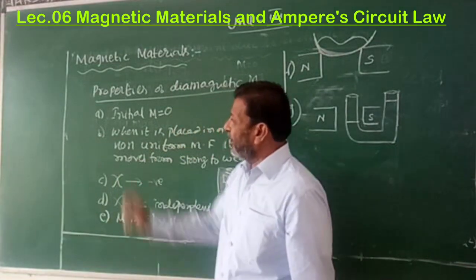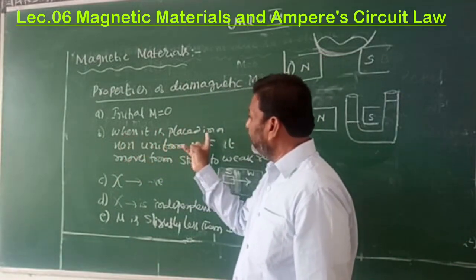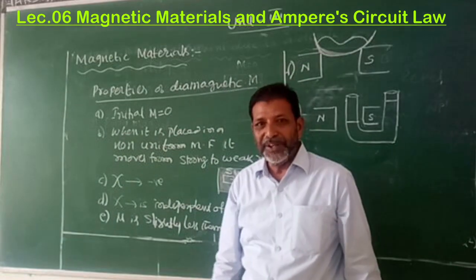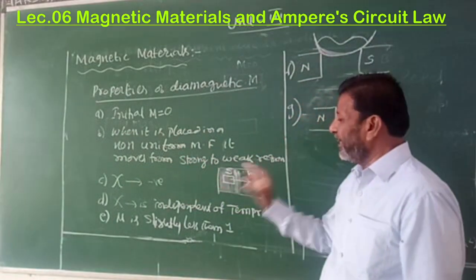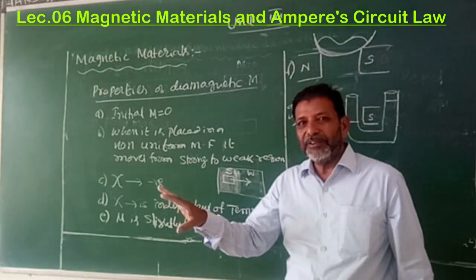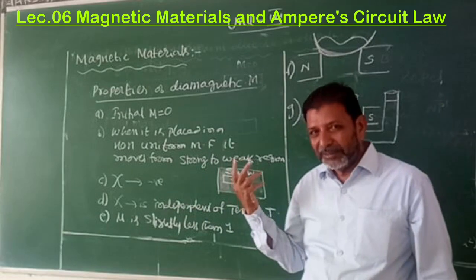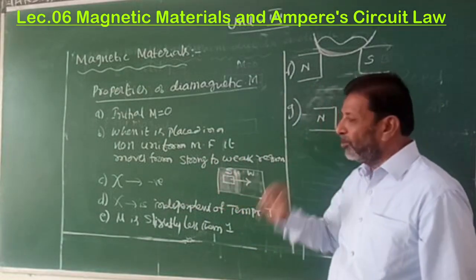Second: when a diamagnetic material is placed in a non-uniform magnetic field, it moves from strong to weak region. Non-uniform means somewhere the field is strong, somewhere it is weak. When you place it, it moves from strong to weak region.